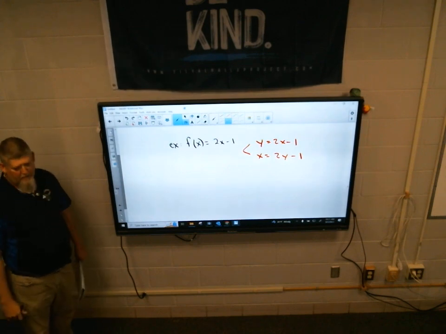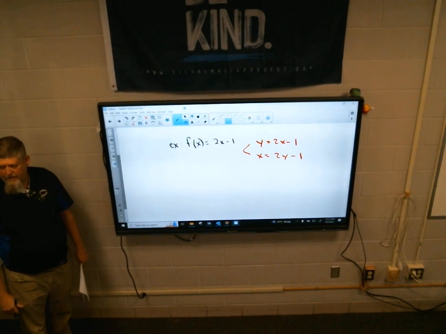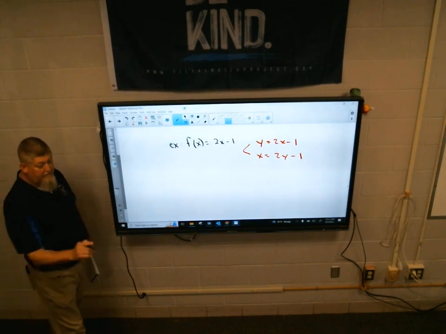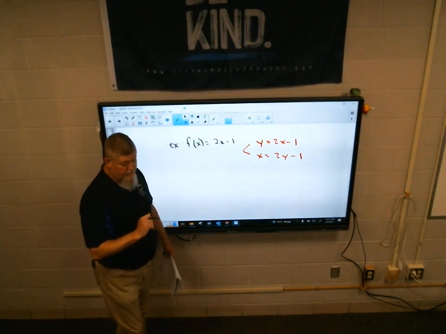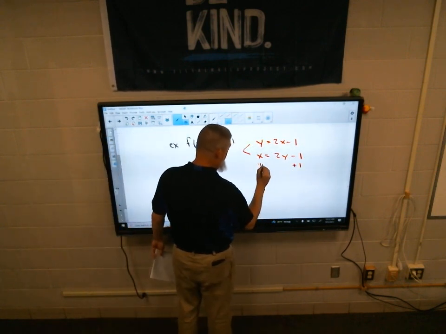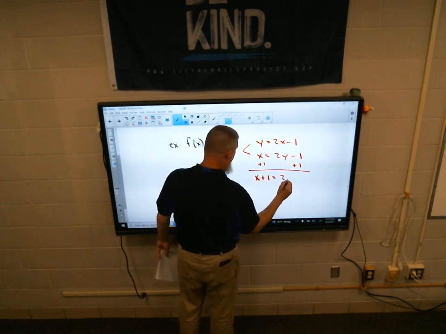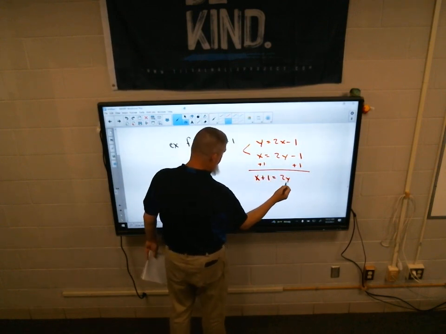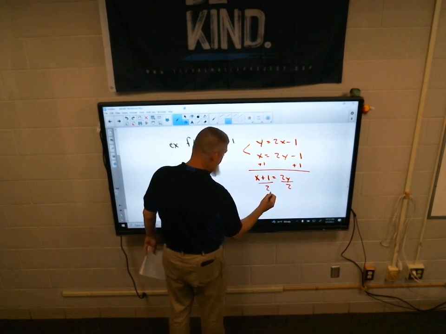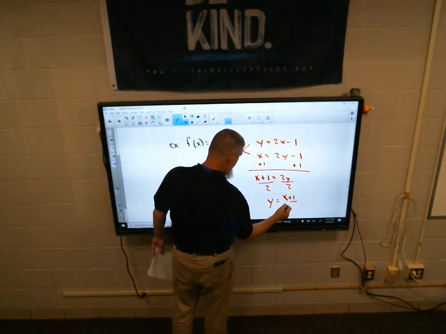Now I'm just going to go back to my algebra 1. How do I solve for y? Not divide, I'm going to do the addition and subtraction first. So let's add 1 to both sides. So x plus 1 equals 2y, and now I'm going to divide. So then y is going to equal x plus 1 over 2.